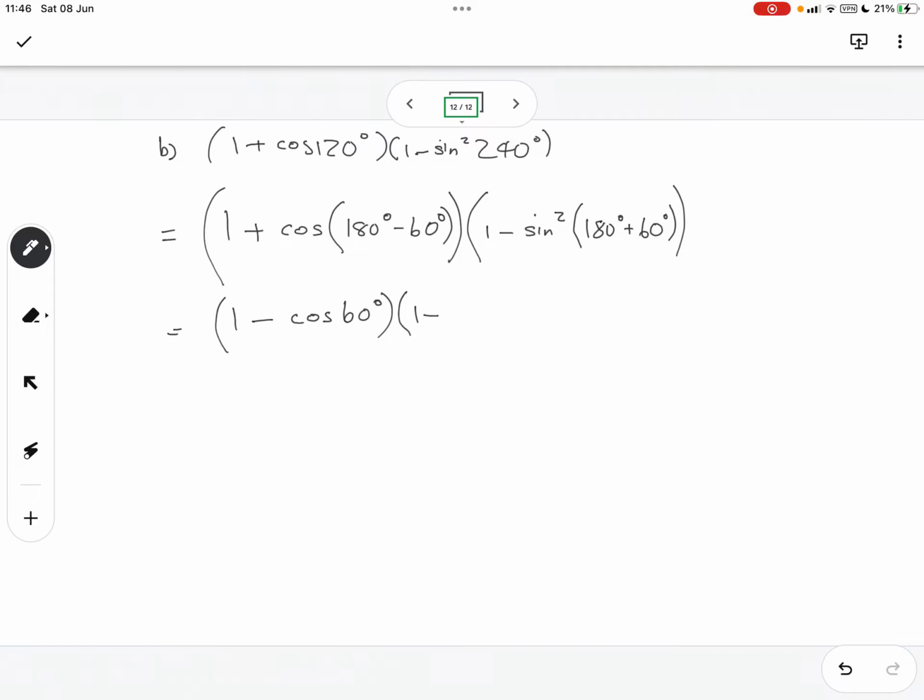Then this one simply becomes 1 minus cos of 60 degrees. And this becomes... I wonder if that's correct since it's squared.